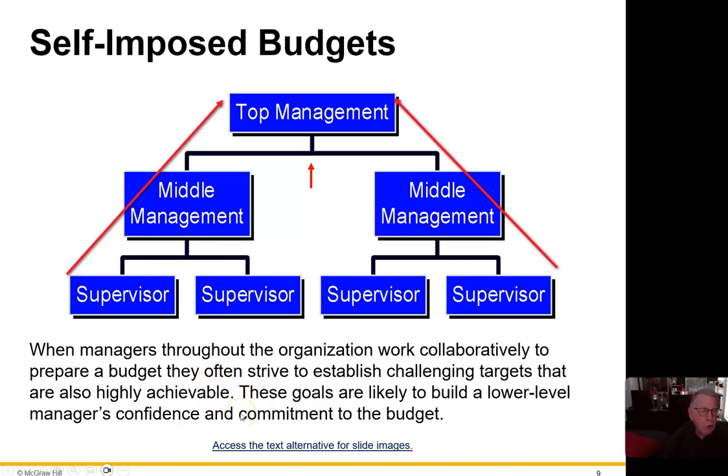So it's important that the process be supervised such that there's a minimum of sandbagging and they are truly challenging targets, not just thrown down by senior management as a challenging target, but one that they help develop. So these goals are likely to build lower level managers' confidence and commitment to the budget.